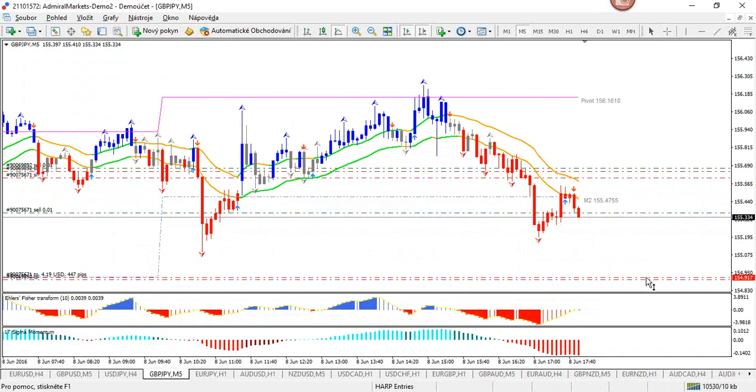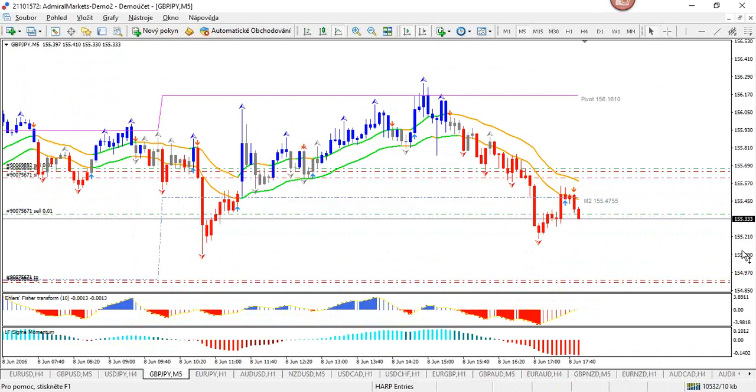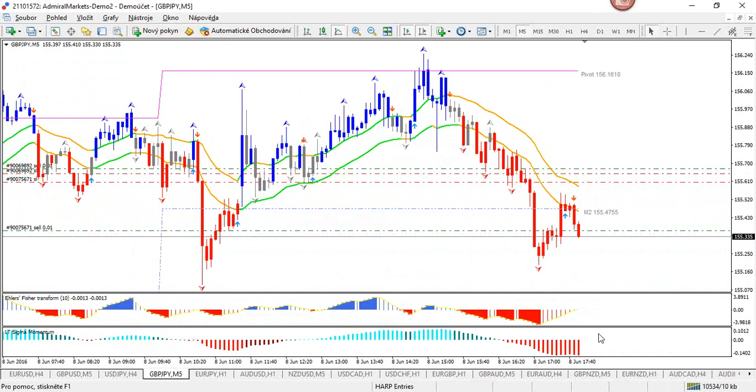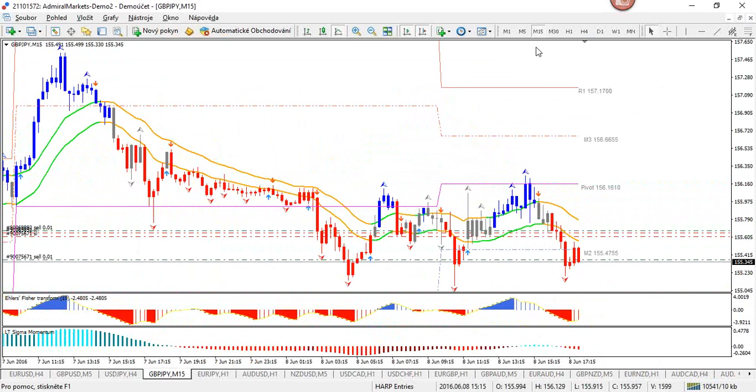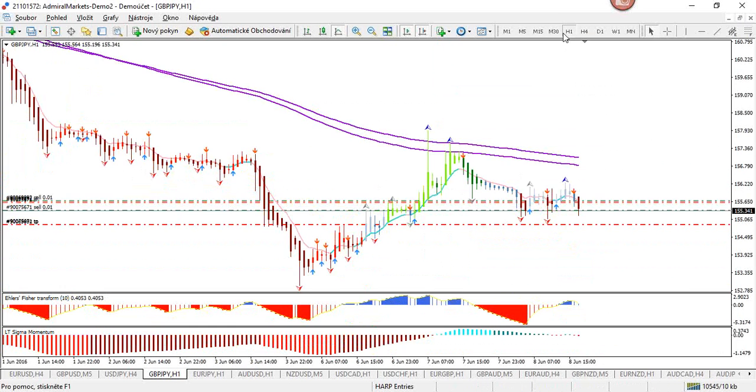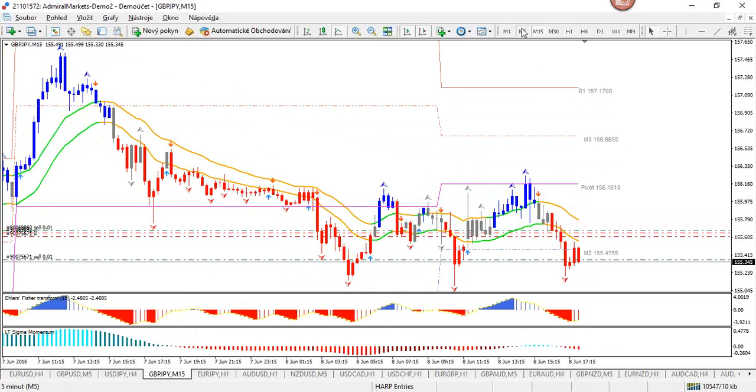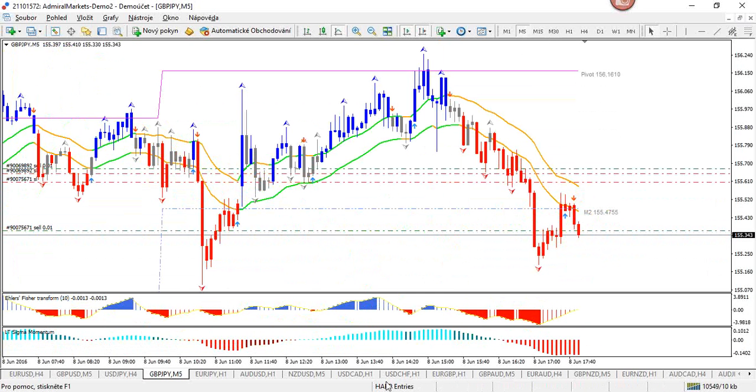Use the same target, I guess. We don't have the oscillator yet, so this is a bit different. This arrow appeared on our chart at the M2, and we already analyzed the other time frames, so hopefully that will work out.